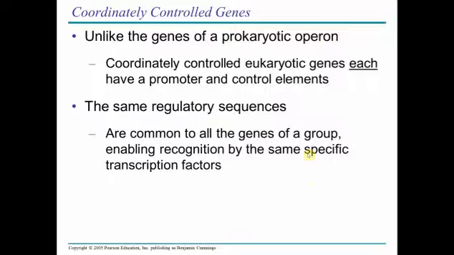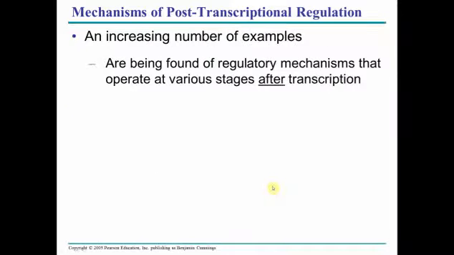Now, if there's a sequence of enzymes all necessary for the same metabolic pathway, let's say in a human, the formation of tryptophan, similar to an operon that we saw in a prokaryotic cell, it's not laid out in an operon, but in a eukaryotic genome, all the enzymes of that pathway may use the same promoter, and thus the same transcription factors. And they're also often going to be found very near each other on the same chromosome, and we'll see that a bit later.